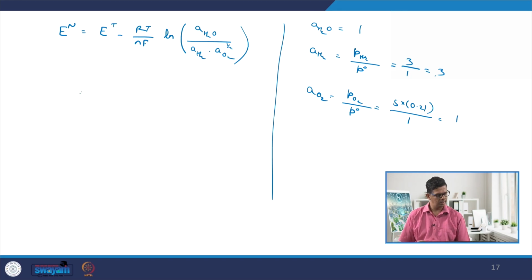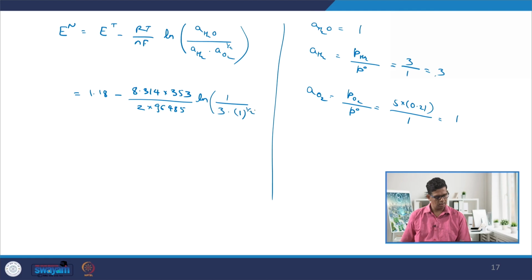Let us substitute here. ET is 1.18 volt minus R, which is 8.314, times the operating temperature 353, divided by 2 times F, Faraday's constant, 96,485, times ln of activity 1 by the activity of hydrogen, which is 3, times the activity of oxygen, which is also close to 1, raised to half.